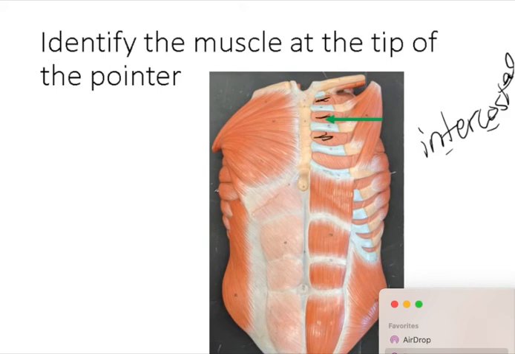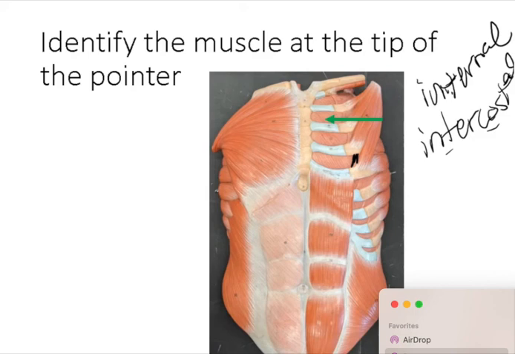This first layer that you see here, what we're pointing to, those are the internal intercostal muscles. The external intercostal muscles start a little bit further back. It's kind of hard to see, but you can see a little bit here, there's a line, and then they go back in that direction there.